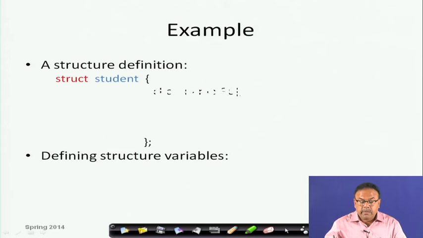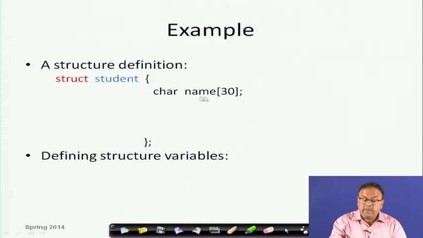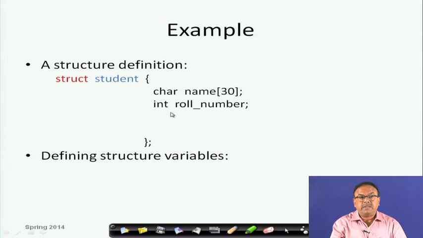Now, how do I define the members? One member is name, which is an array of characters. The next one is roll number, which is an integer. So roll number is a variable. As I said, a structure field can be a variable, an array, or another structure. Here is an example where you have an array and a variable of type int.